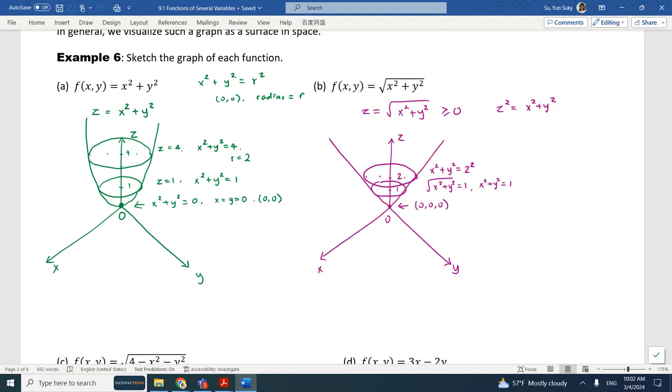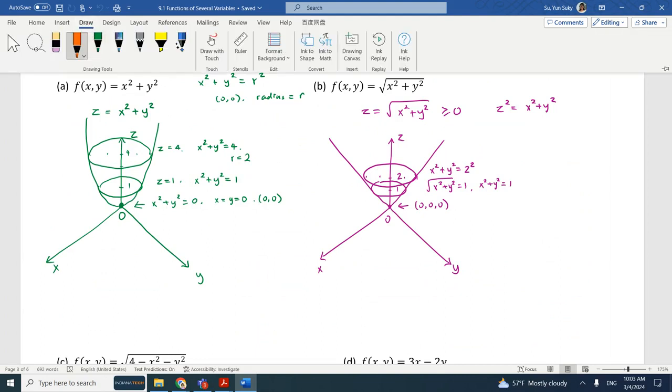And if you see x squared, if you set y equal to 0, you get z equals x squared. It's actually a parabola. And y equal to 0 corresponds to the xz plane. Yeah, the xz plane. So I just want to talk about more.